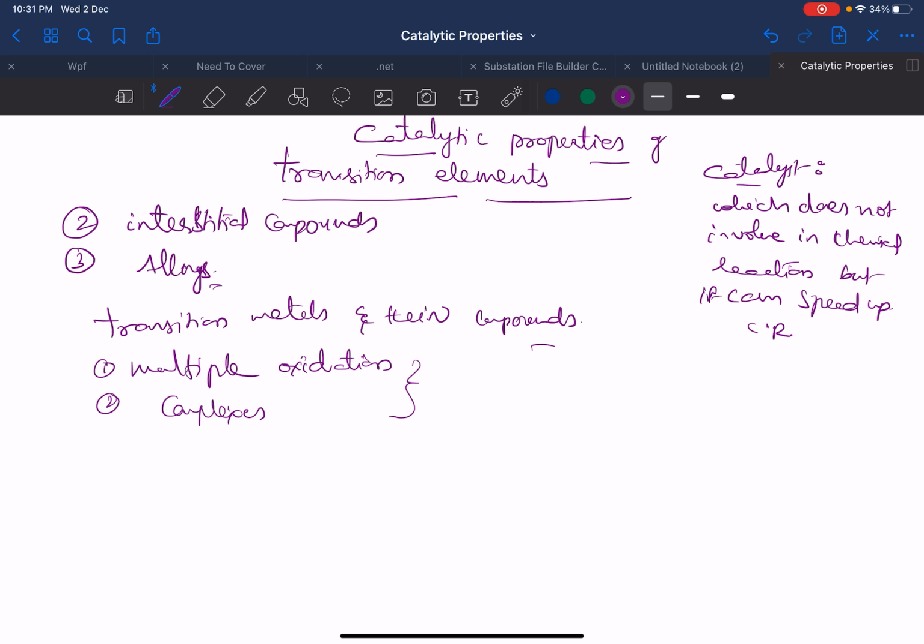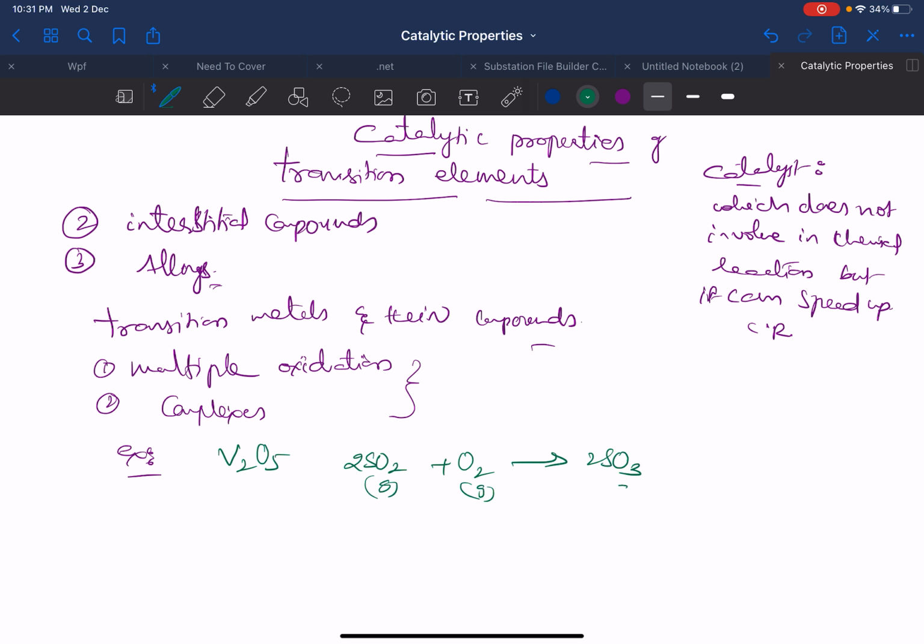Next, what is the best example of a catalyst? The best example, as we have already known, is vanadium pentoxide, a compound of vanadium and oxygen. It acts as a good catalyst in the preparation of sulfur trioxide: 2SO2 plus O2 gives 2SO3.